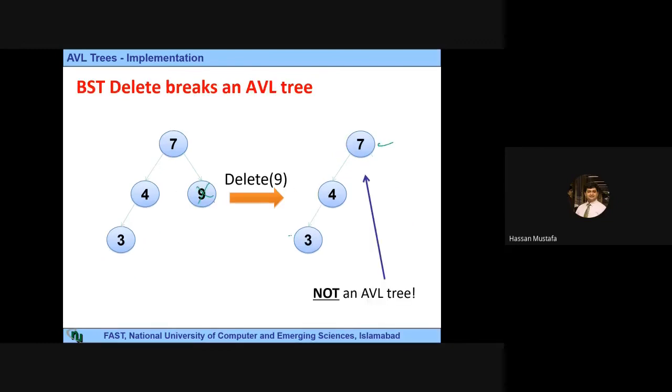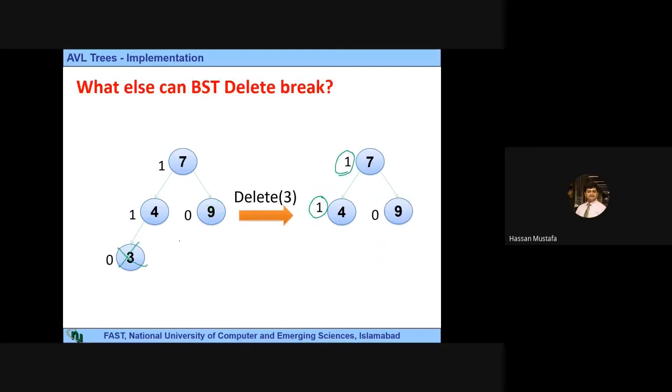The first thing is that we saw in the previous slide that we could have an imbalance. The second thing is, if we just delete a node, we might not have any imbalance, but still we need to adjust the heights or the balance factors of the ancestors of this deleted node. So these are the two things that we need to make sure that we adjust after every deletion.